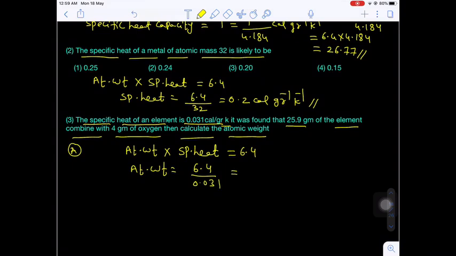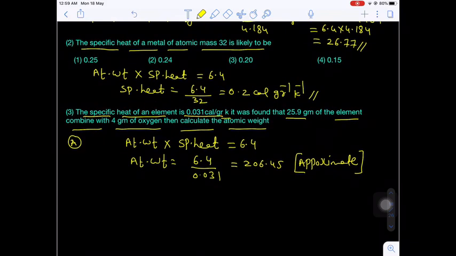So you will get the answer 206.45. Remember, this is approximate, not exact. It is only an approximate value.